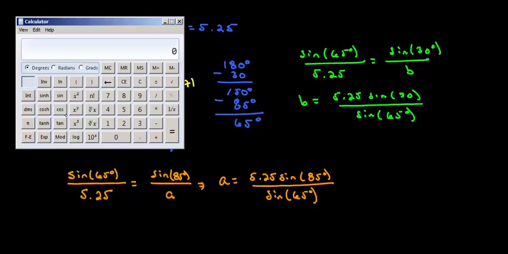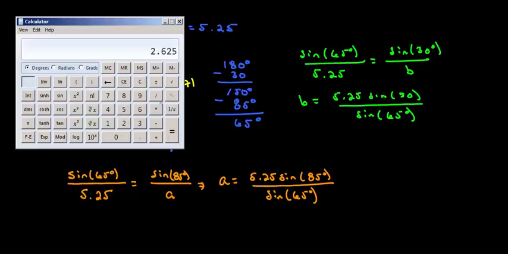So what we want is 5.25. The only difference is we have to work in reverse here. So I'm going to have to go sine 30. I'm in degrees. So 30 sine gives me 0.5. So I'm going to have to take 5.25 times 0.5.